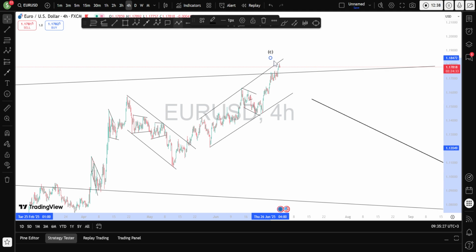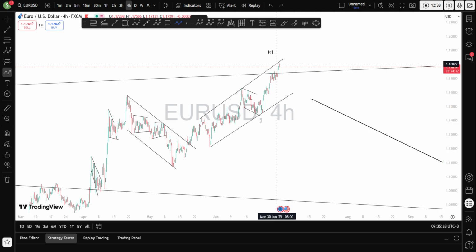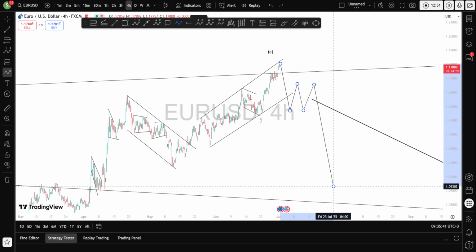The market will also anticipate an impulse, a correction, then another impulse. This correction will form a flag or a continuation pattern. Now we'll have three confluences.